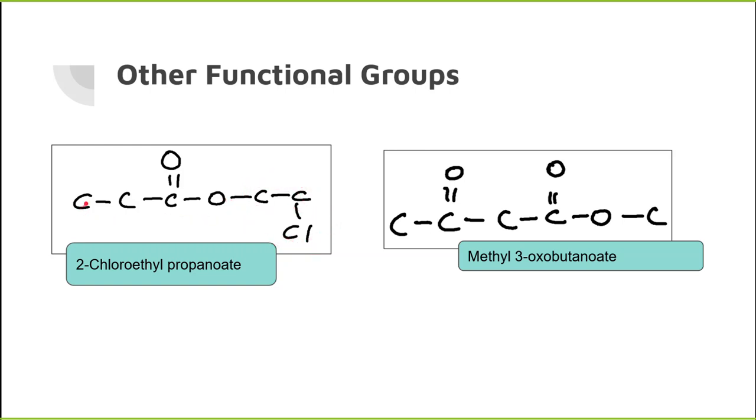And then our 3-carbon acid side would be propanoate. And then here we've got methyl. So that's the methyl part, that's our alcohol part. But then we've got this oxo group here on this carbon. So we got 1, 2, 3, 4, that's butanoate. And it's on the 3rd carbon. So that's 3-oxobutanoate.